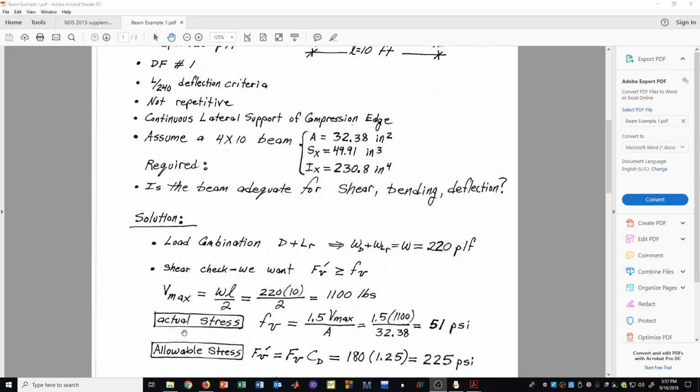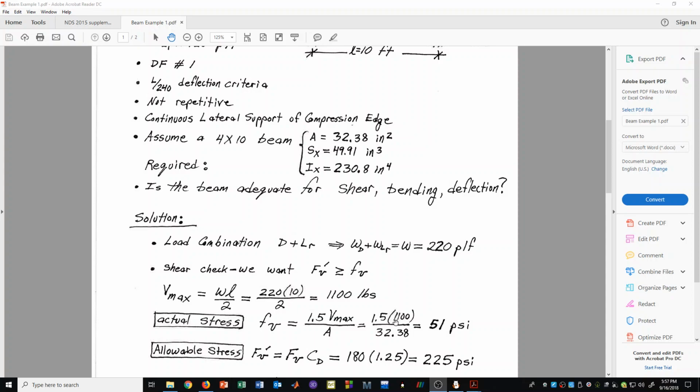From that, we can calculate the actual stress, F sub V, and it is equal to 1.5 times V max over A. That is a formula that we would find for a rectangular cross-section of a beam, and that comes from our shear stress formulas from basic mechanics of materials.